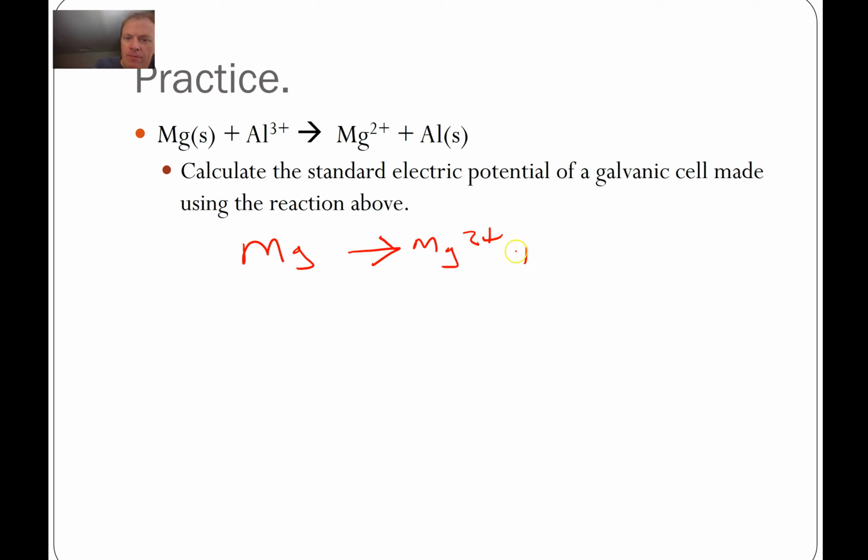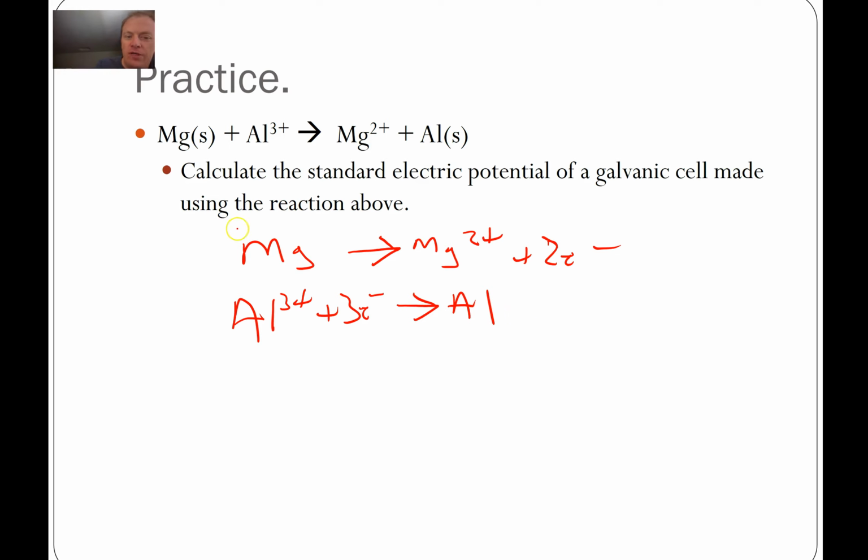So we've got the magnesium going to Mg2 plus and 2e minus, and then we've got Al3 plus plus 3e minus going to aluminum. So we've got the magnesium being oxidized and the Al3 plus ions being reduced. I've got my two half reactions here. These half reactions are not balanced for charge. I've got 2 electrons over there and 3 electrons over there.